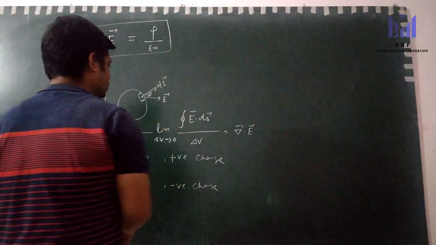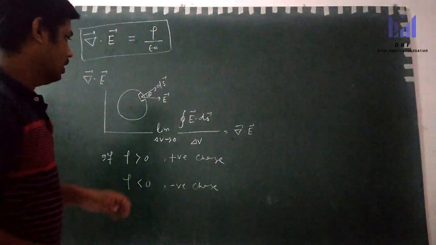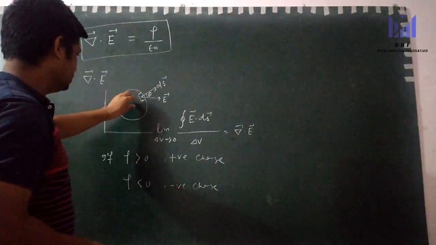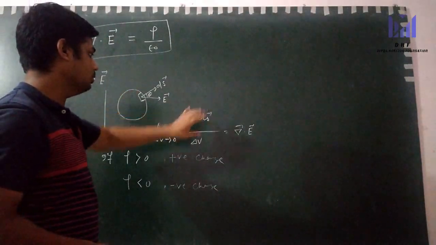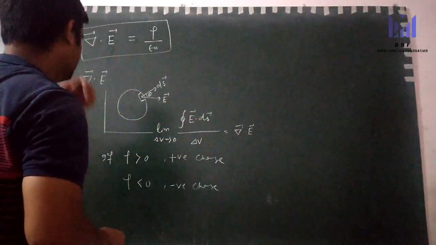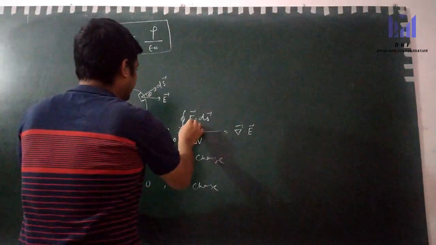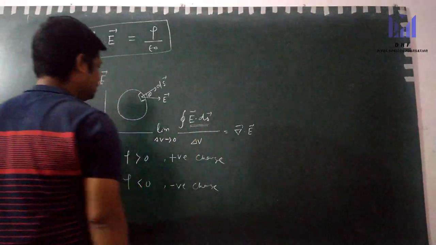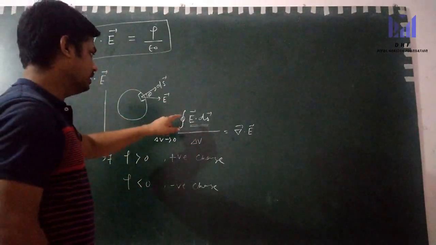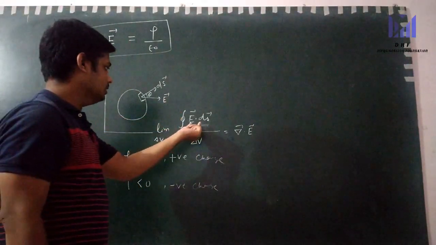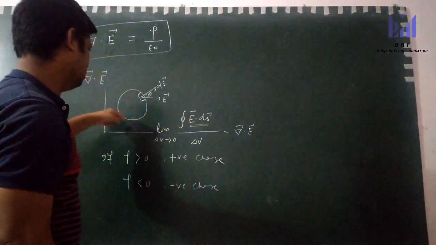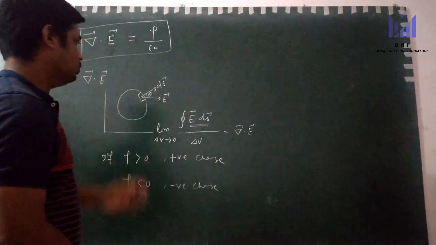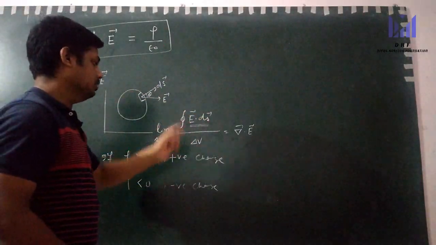So that means at each point this value E dot ds must be greater than 0, because integration means we calculate E dot ds at each point, then add them together. That is the meaning of integration.